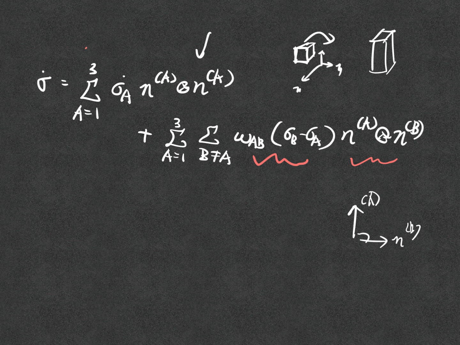Okay, but if it's shear, then what happens to the principal directions? If we shear the material, the principal directions keep changing, right? Okay, you see what I mean? And hence you see the change of the rotations, okay?